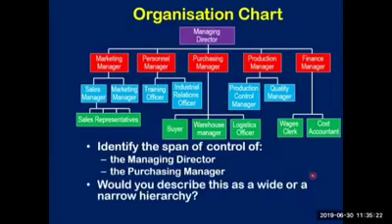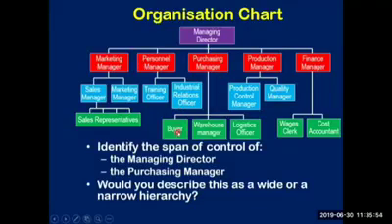This is an example of an organization chart of an organization. First is the managing director. Then comes marketing manager, personnel manager, purchasing manager, production manager, finance manager, and their subordinates. Under the marketing manager, there are sales managers, marketing managers. Under the personnel manager, training officer, industrial relationship officer.